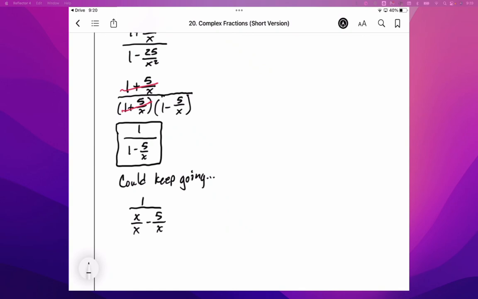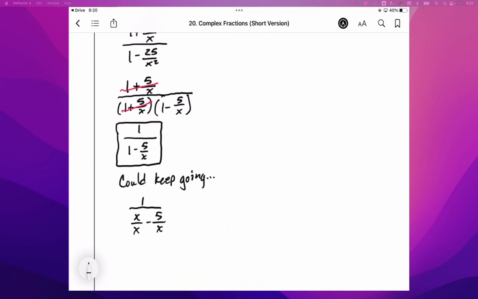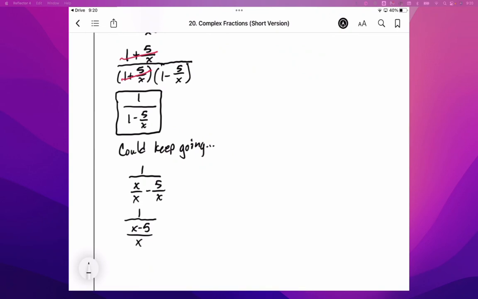And what we need to do at that point would be to go ahead and do the subtraction in the denominator. Since the denominators of the fractions in the denominator are the same, we can do that. So we get x minus 5 over x. And it's crazy to say the denominator is inside the denominator.